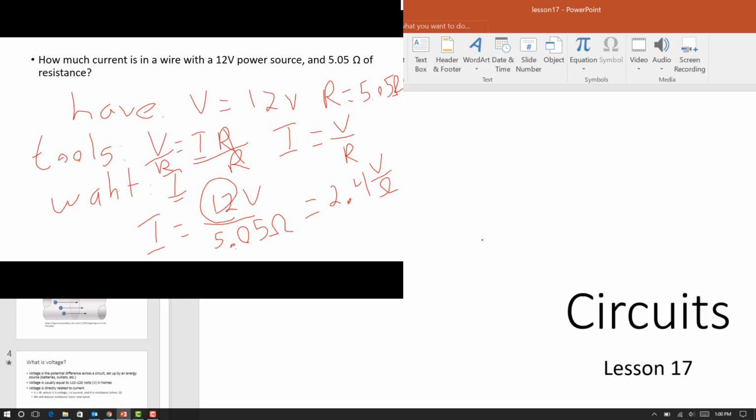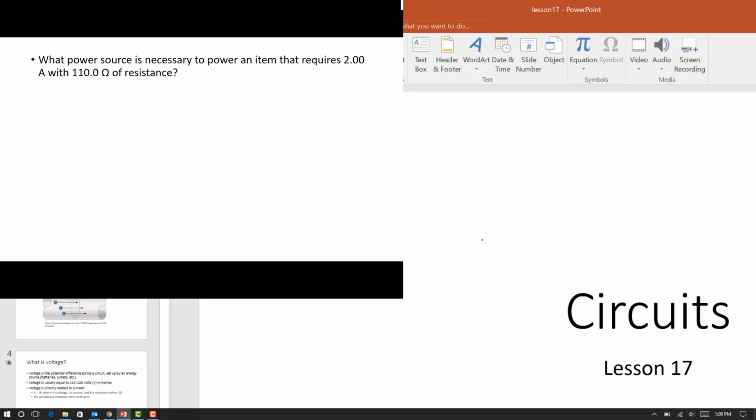All right. Any questions here? All right. And last, what power source is necessary to power an item that requires 2.00 amps with 110 ohms of resistance? So what do we have?